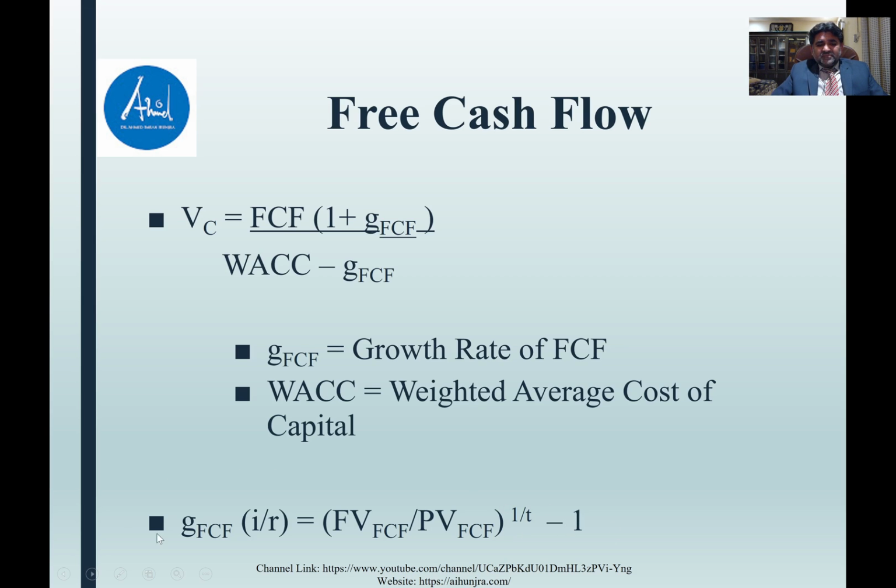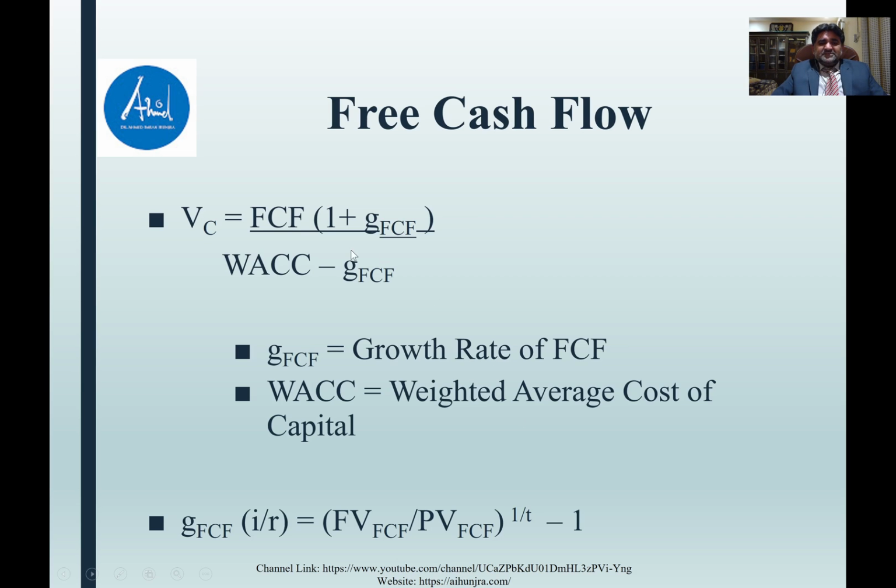Keep in mind the concept of time value of money. There are four components. Future value is equal to present value into 1 plus I raised to the power t. If you are required to find the present value, then the formula is future value divided by 1 plus I raised to the power t. If you are required to find the rate of return, then the formula is I is equal to future value divided by present value raised to the power 1 by t, minus 1.